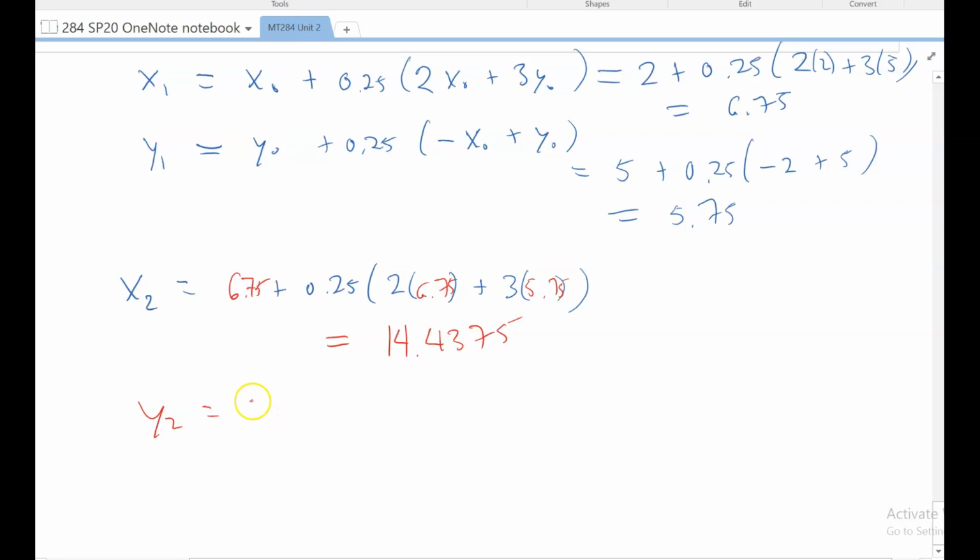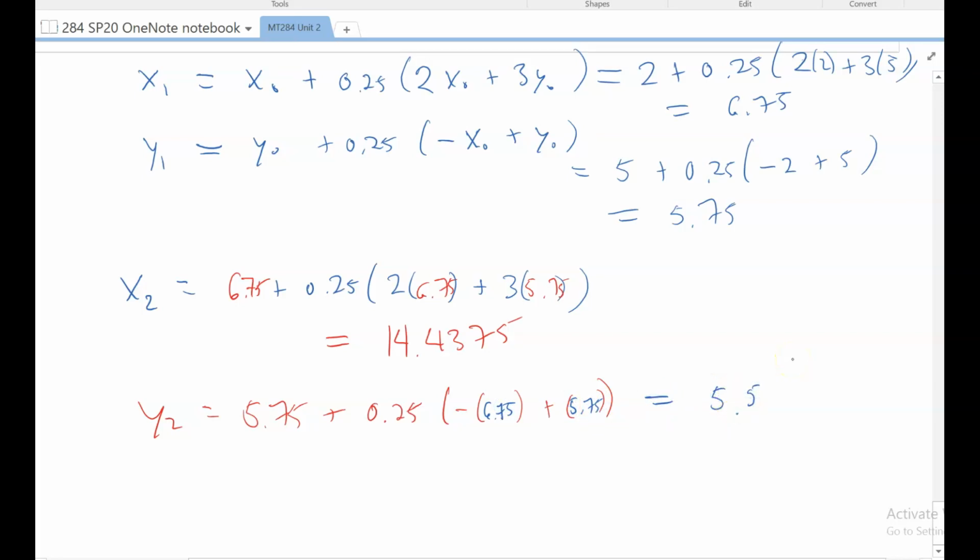All right, the next y value, what will we do there? Our previous y, which is 5.75, plus delta t, which is 0.25, and then it's minus our previous x plus our previous y. So now we got to plug those values in, and we had 6.75 and 5.75 respectively. If we work all of this out, we're going to get 5.5.